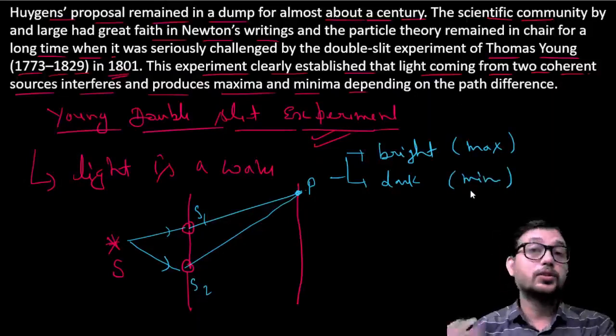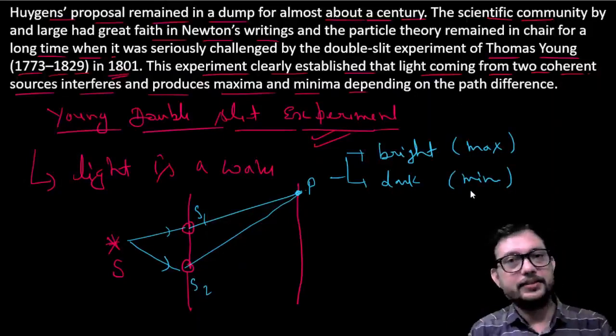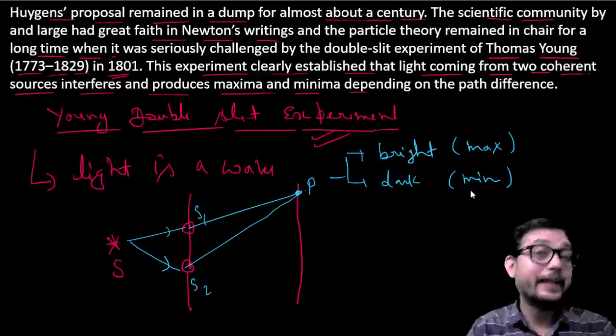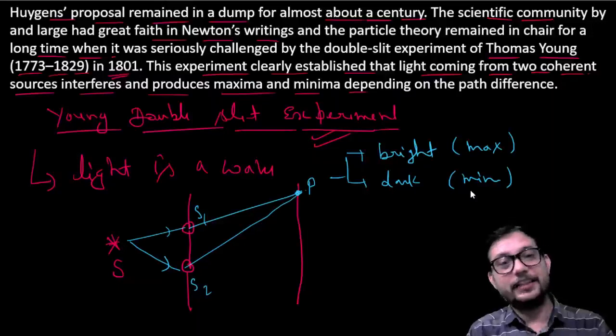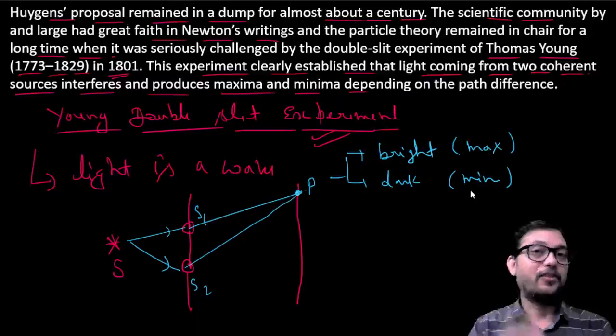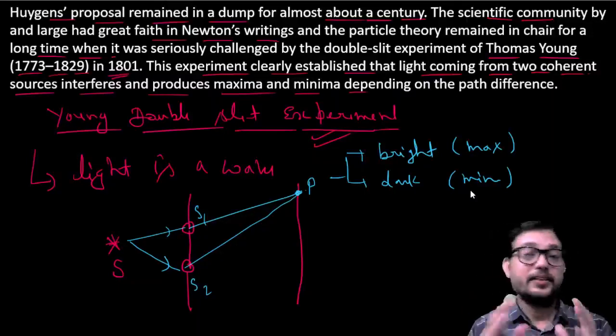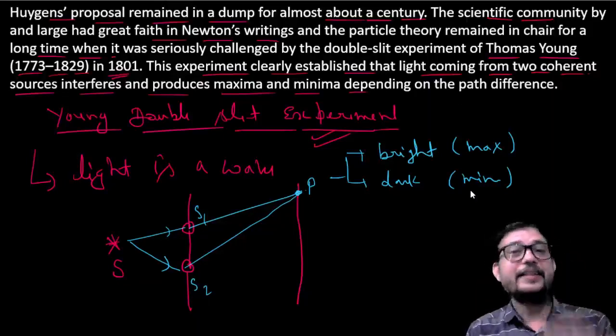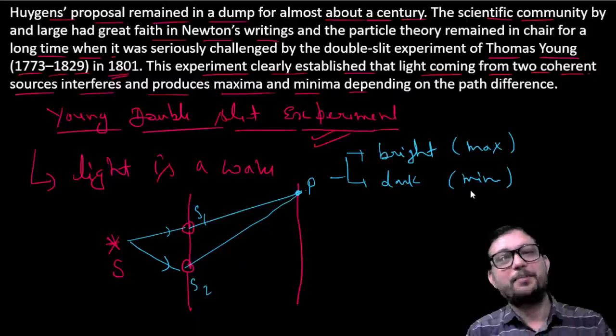On the basis of that, because particles cannot superpose, only light can superpose. That's why, on the basis of his experiment, Young told that light is not a particle but a wave.